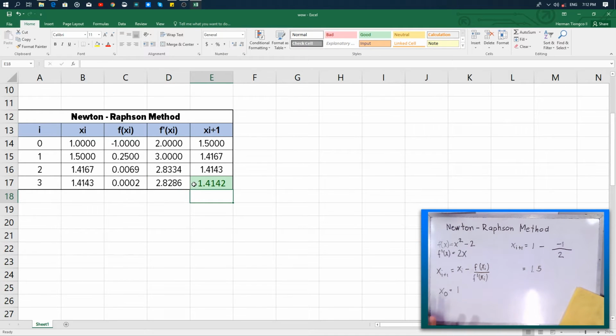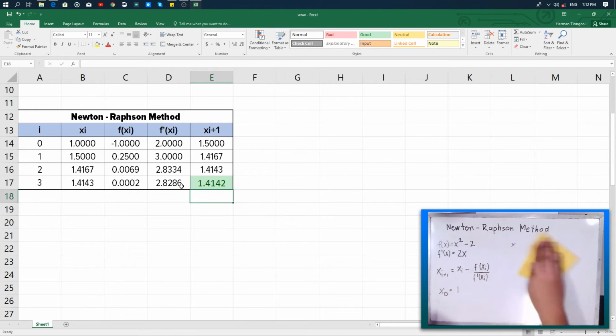So here, you can see now that at our third iteration, we have arrived at the solution for x squared minus 2, which is 1.4142. This is accurate up to 4 decimal places.